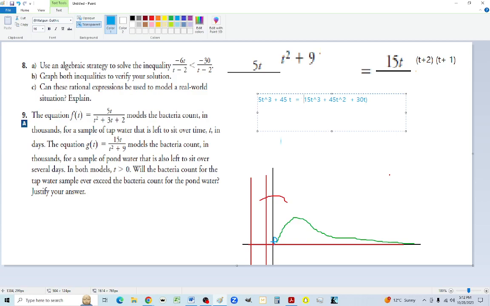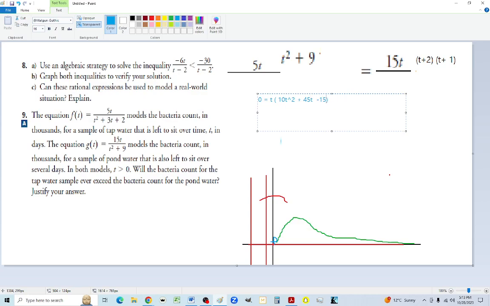When we subtract the 5t cubed from the right side, we get 10. When we subtract the 45t, we get minus 15. When we take a t out, we get 10t squared plus 45t minus 15.